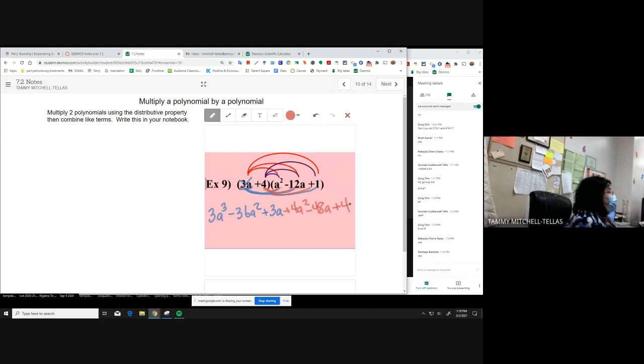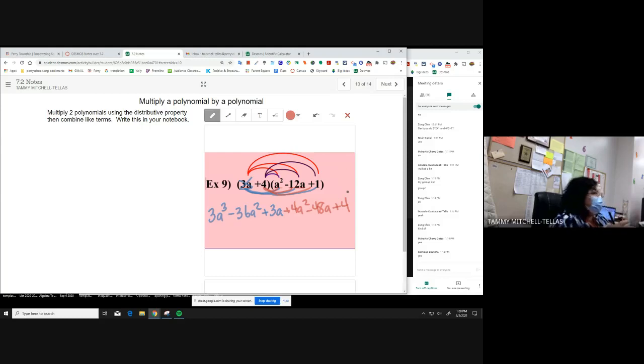A couple of ways to know if I've done something wrong: in the blue, I was looking for 3, 2, 1 on the exponent, and I got it, so I knew I was good there. In the red, I'm looking for 2, 1, no exponent. I'm looking for a descending order or some kind of pattern. If there's no pattern, I probably made a mistake.